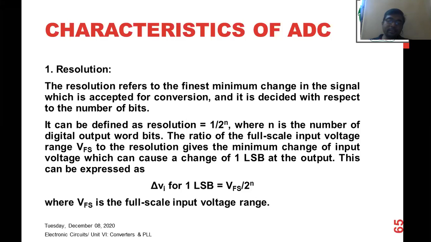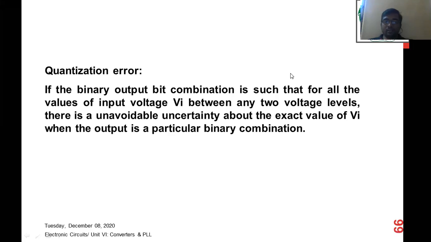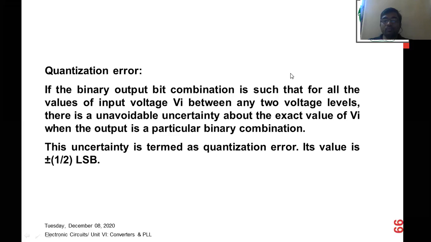Second characteristic is again the same point that we have taken for the D to A converter, that is quantization error. If the binary output bit combination is such that for all values of input voltage VI between two voltage levels, there is unavoidable uncertainty about the exact value of VI when the output is a particular binary combination.